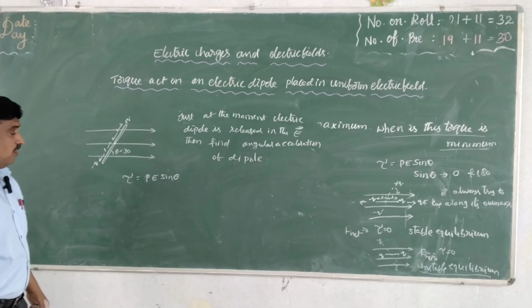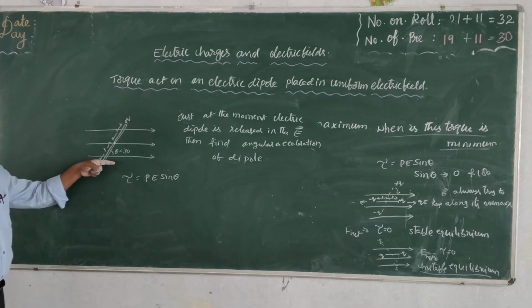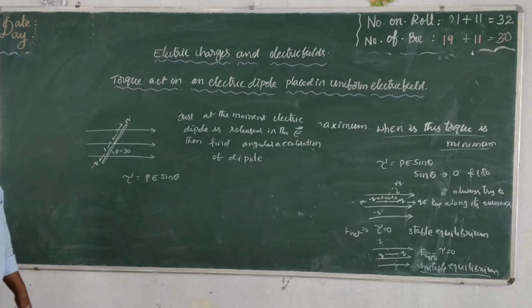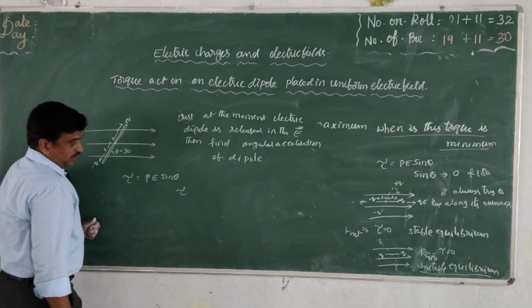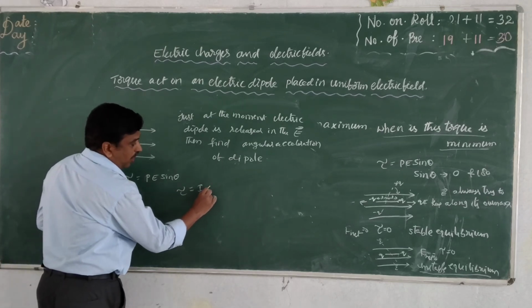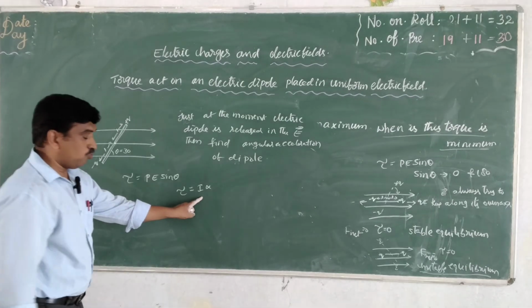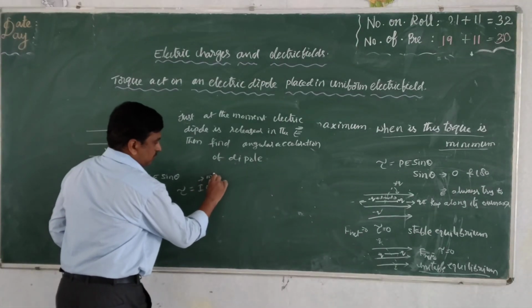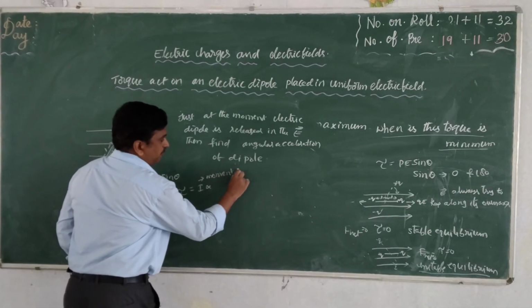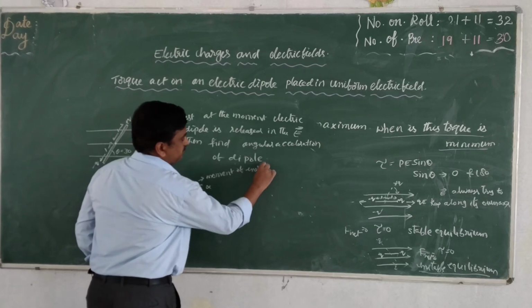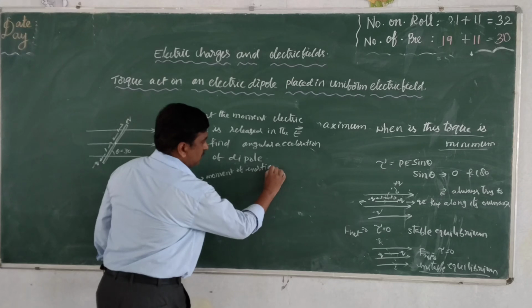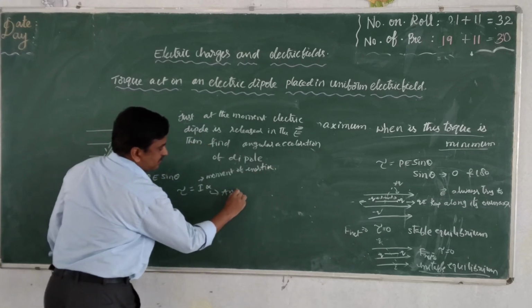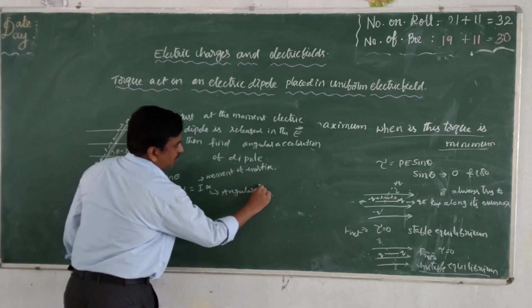We can write torque another way, as I into alpha. Here I means moment of inertia, and alpha means angular acceleration.